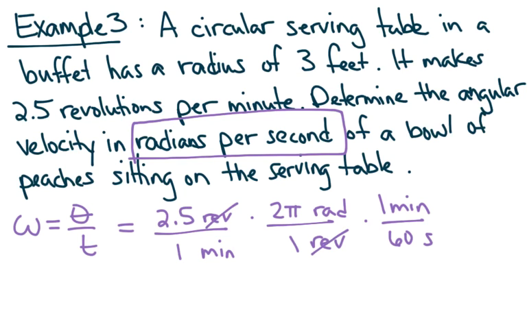So now what happens is these units of measurement cancel out. So I have to multiply 2.5 times 2 pi, and then I have to divide it by 60. When I do that, I'm going to get approximately, it doesn't tell me where to round to. So maybe we'll say it's 0.262 radians per second.